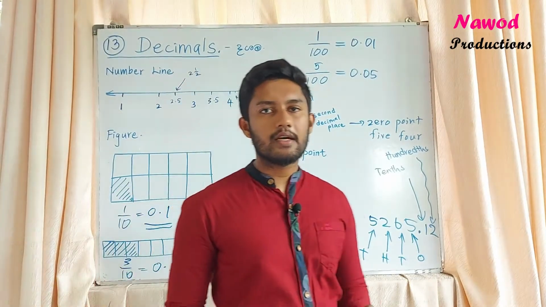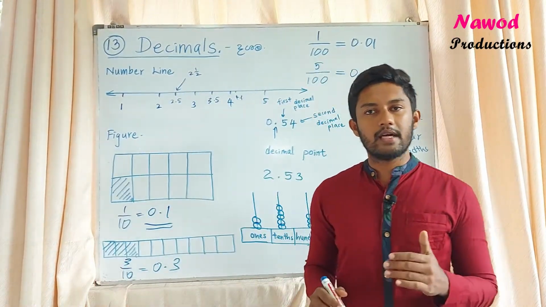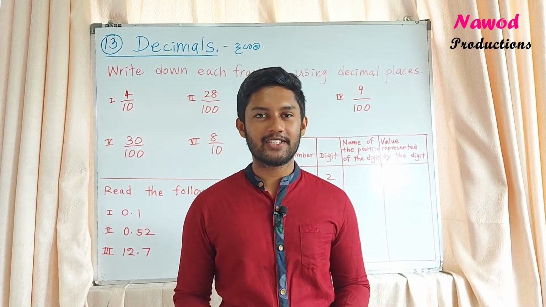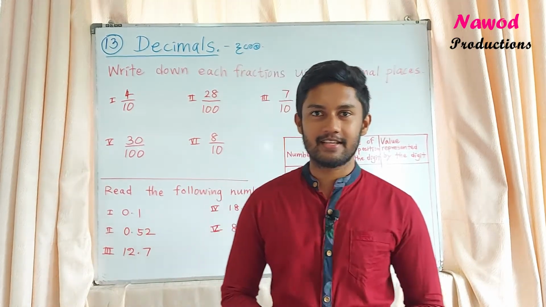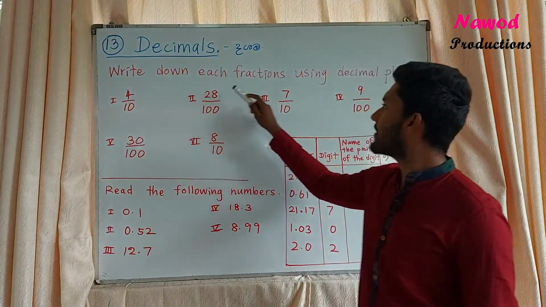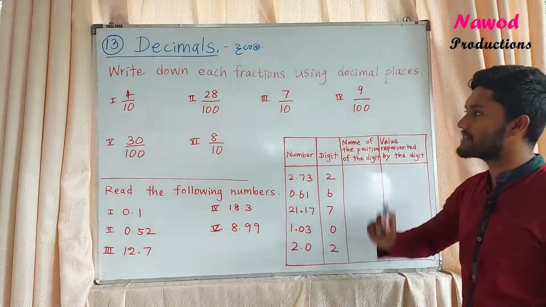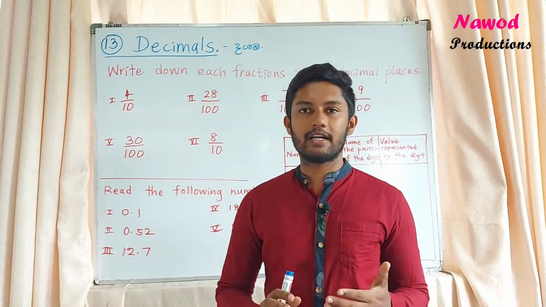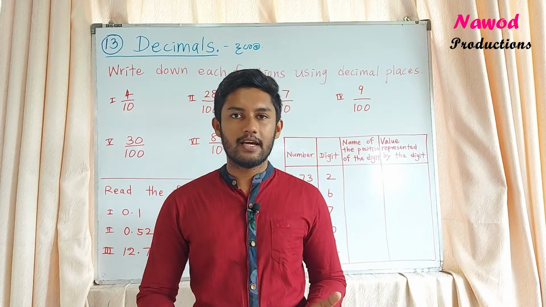Likewise we can understand about the decimals. Yes, we'll solve some questions by using decimals. First of all, you have to write down each fraction using decimal places. Yes, you must have the ability of converting fractions into decimals.